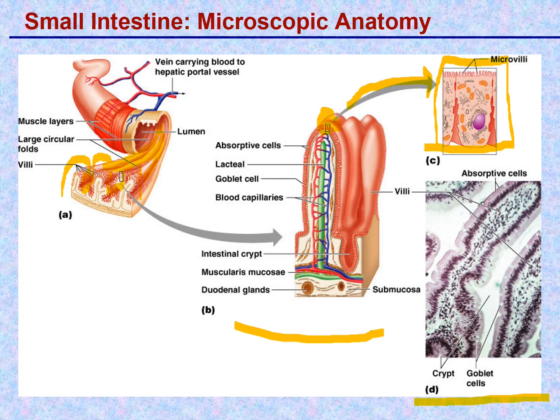Okay. At the same time, if we look closer at a higher magnification, you can see that there are also small finger-like extensions at the wall, and those are magnified here in this diagram. And you see these finger-like extensions. This is the villi, and you have the mucosa.